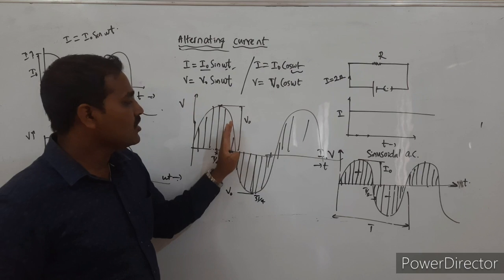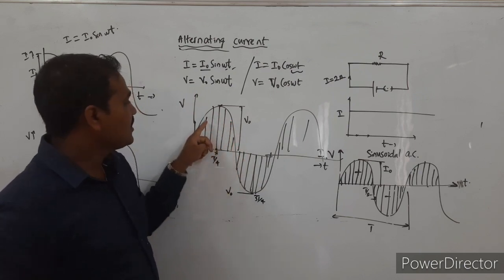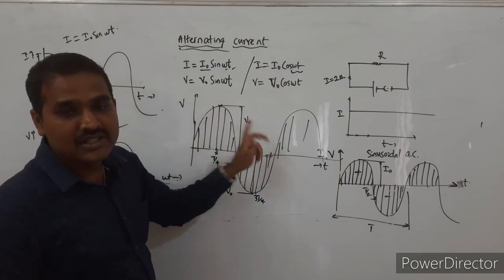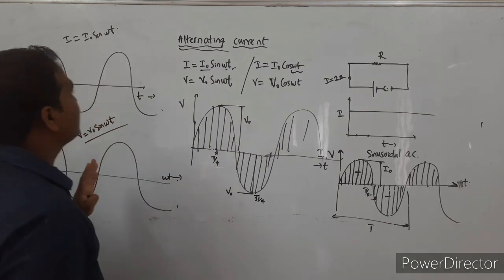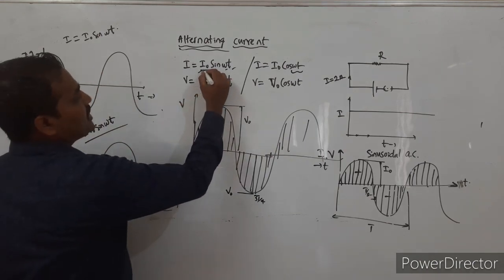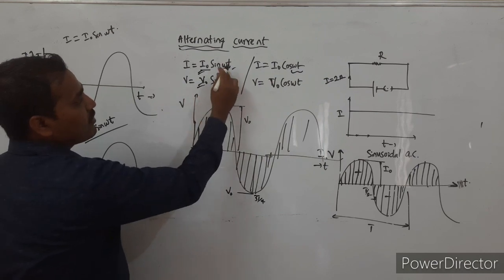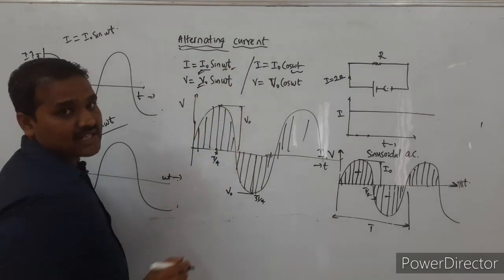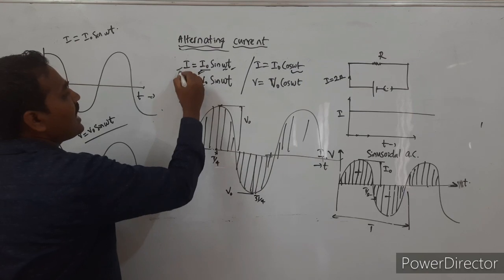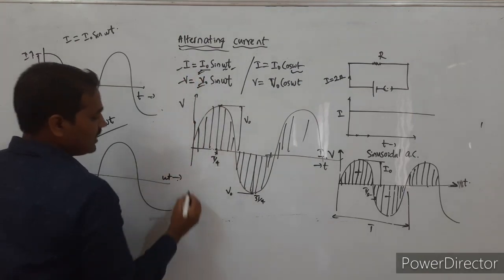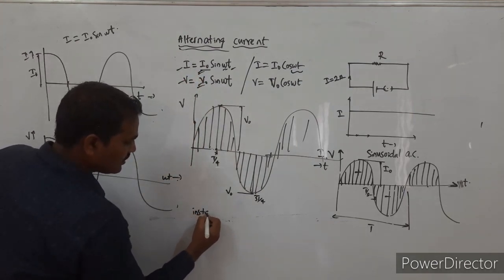At different times, the magnitude of V is continuously changing. These are called the peak values of alternating current and voltage. Omega is the angular frequency, t is the time given, and this I and V are called instantaneous values, right?